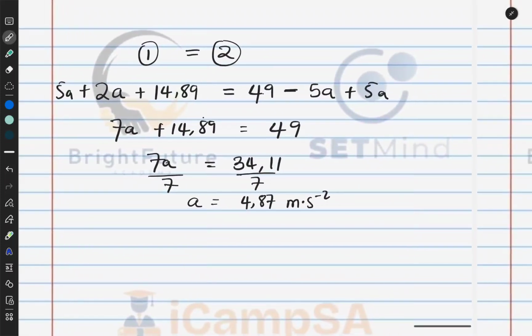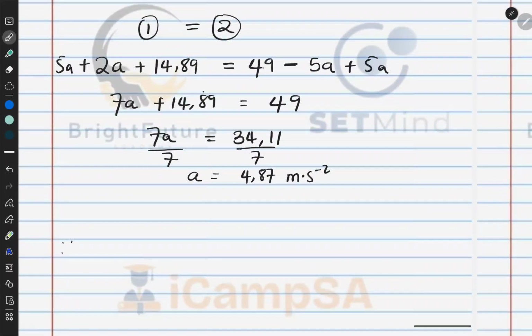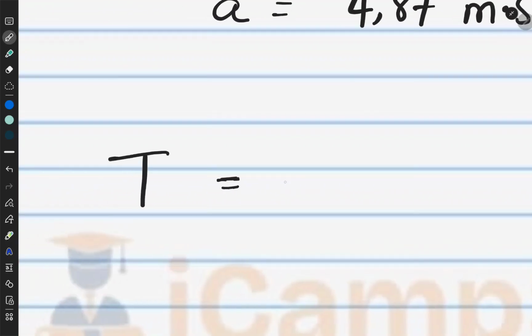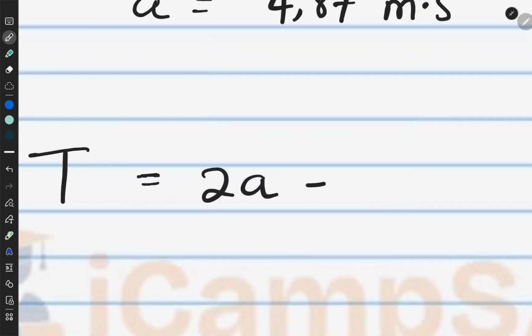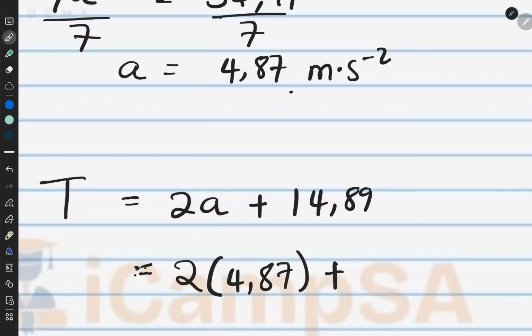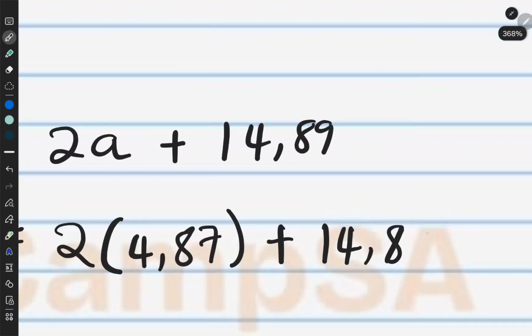For 3.6, my equation 1 was saying T is simply 2a plus 14.89. And we just found that our a is 4.87. Therefore, we can substitute it here: 2 times 4.87 plus 14.89.